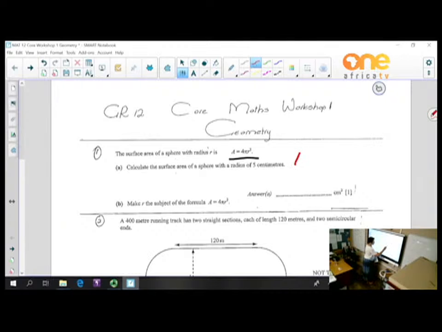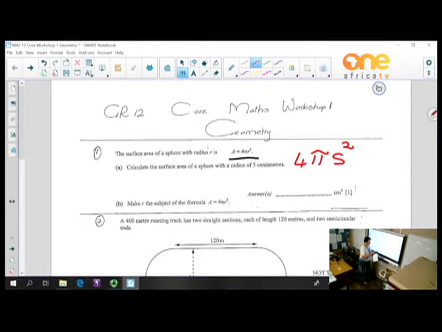So I'm just going to substitute 4 pi 5 squared. And now I must do that calculation on my calculator. I like to start there with a square, not to make a mistake.